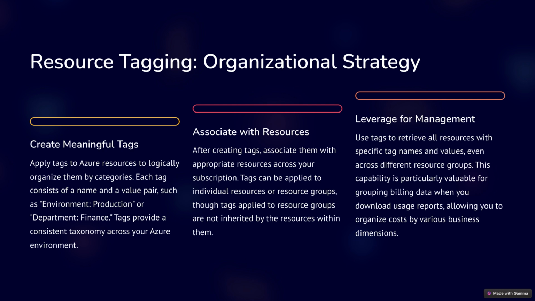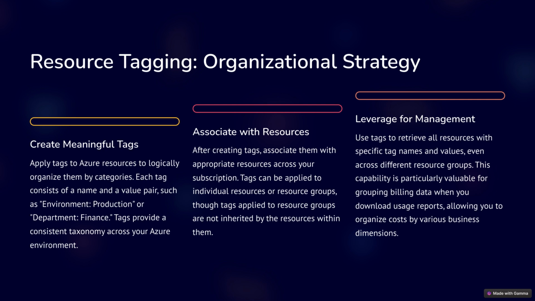You can apply tags to individual resources or to resource groups. But remember, tags on a resource group aren't automatically passed down to the resources inside. So be careful to apply them at the right level for complete tracking. So consistency and a good tagging strategy are really important to get the most out of this for both management and cost control. Absolutely.